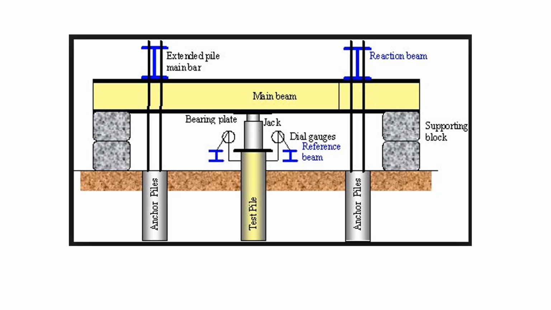The main beam is equivalent to the structure, and this main beam will be loaded with the help of soil or gunny bags or AAC bricks, or any material of heavy load. That load will be transferred from the main beam through the jack to the test pile. Two dial gauges are placed to measure the settlement.